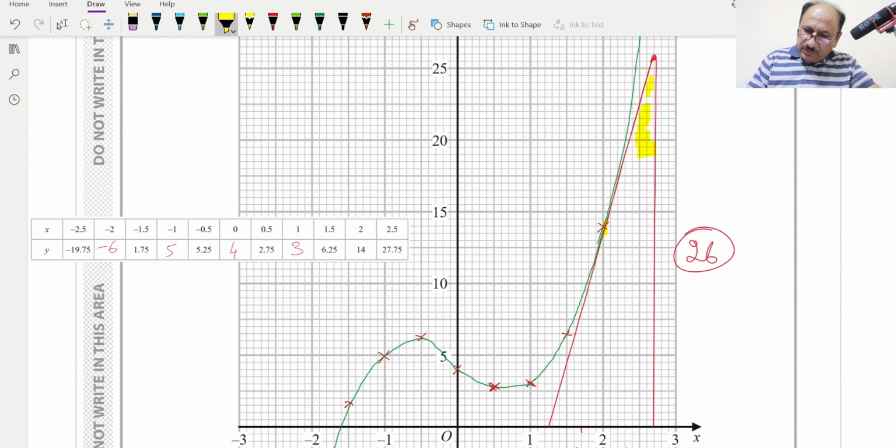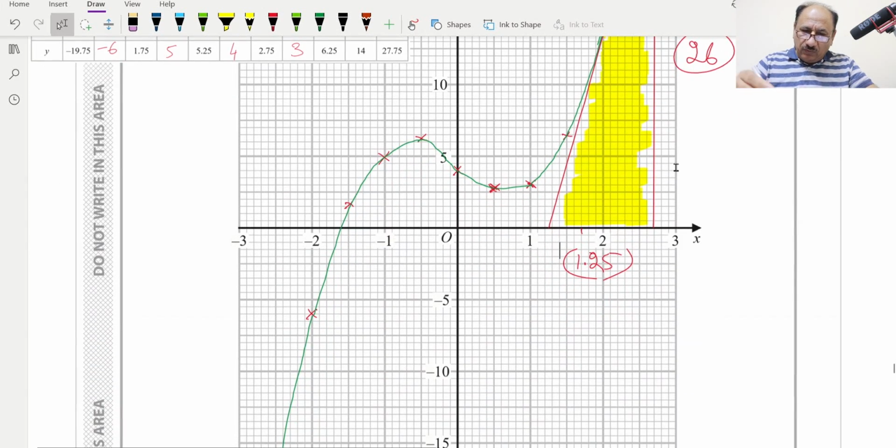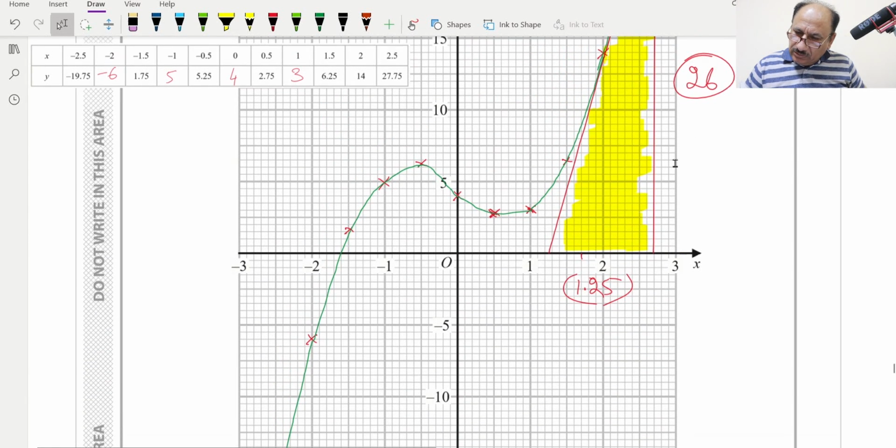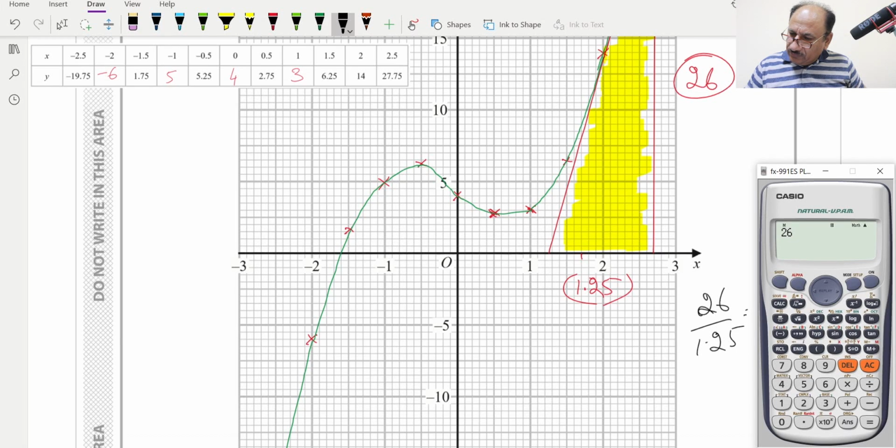We will be considering it for the gradient, and we will find the gradient by rise over run, and this will be 26 over 1.25. So the gradient is 26 over 1.25, and this is equal to what? 26 divided by 1.25 is equal to 20.8.